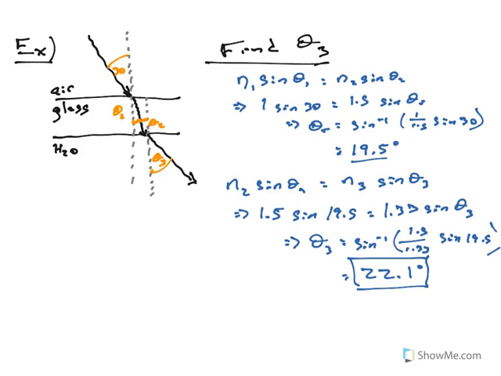All right. That's good. This works. I was able to figure out, for a double layer problem, I'm going from air to glass and then continuing into water. How do I do it? I'll just use Snell's Law twice. Use Snell's Law to figure out the intermediate step, which is the middle, the glass. And then once I know it, just use Snell's Law again as if the air doesn't exist and you're just going from glass to water.